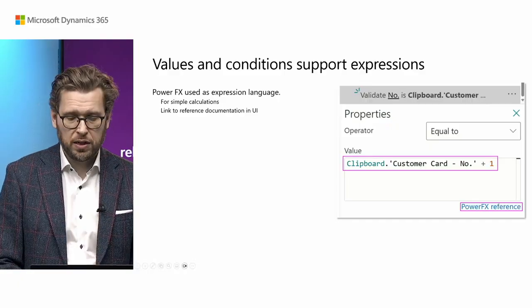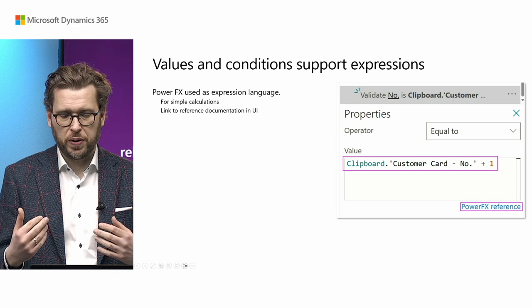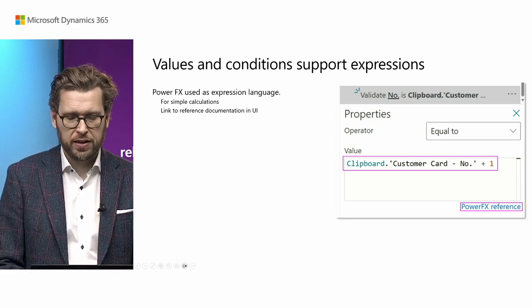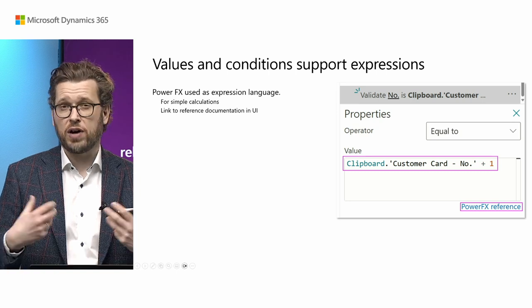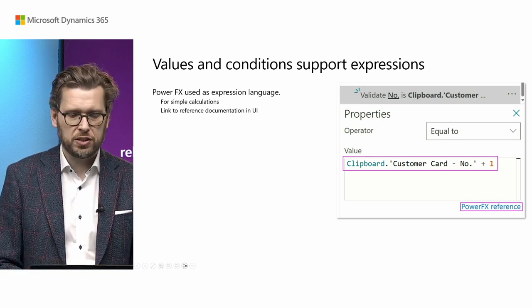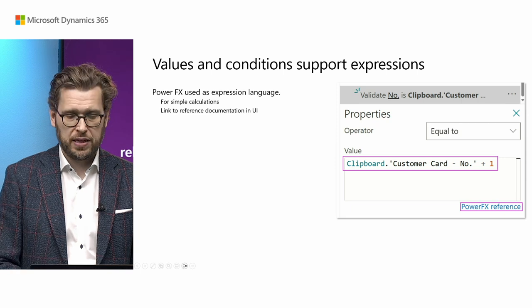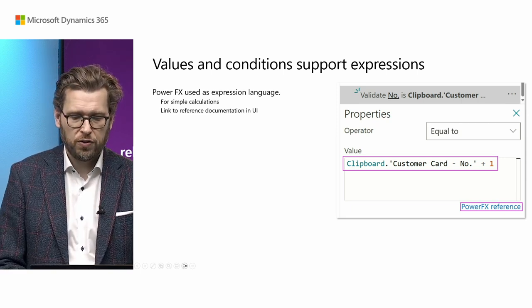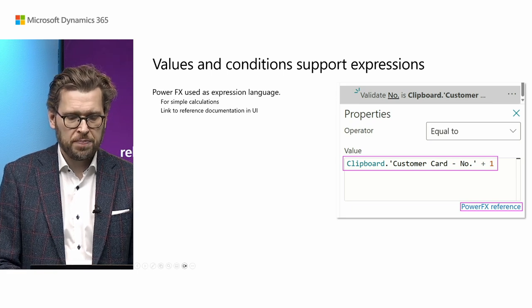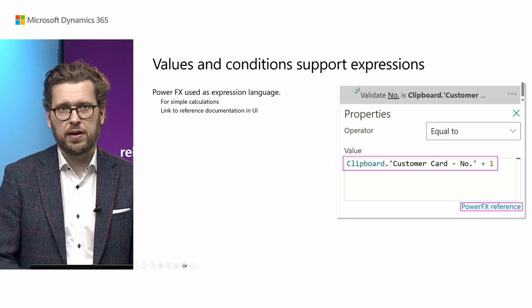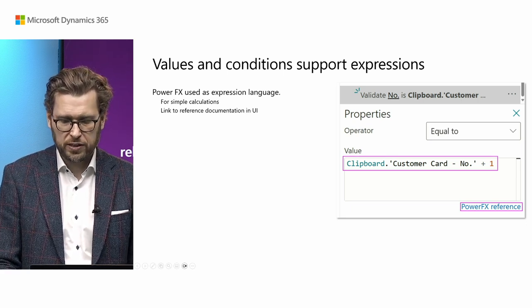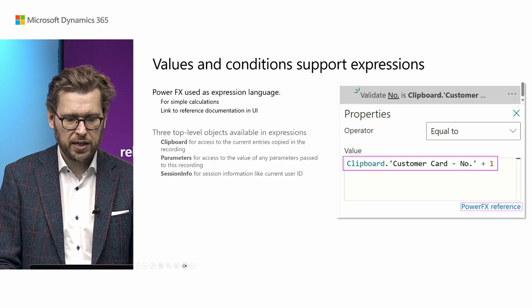Then we talked a number of times about the properties pane where you could put in a value. What I haven't shown yet is that you can also write an expression for very simple calculations. We're using PowerFX as the expression language, and you might be familiar with PowerFX from the Power Platform or Excel. In the properties pane, there is a reference to the PowerFX syntax.